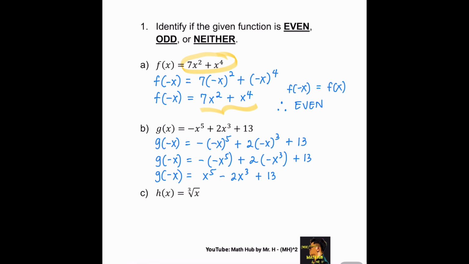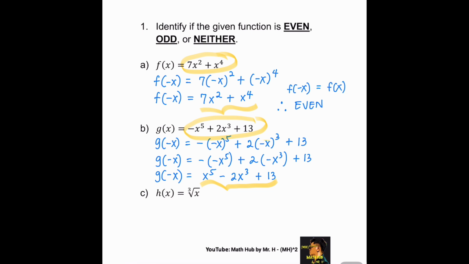All right, so let's compare the original function and the result after the algebraic manipulation. So this is the result. This is the original. You notice that the first term, from negative, became positive. The second term, from positive, became negative, right?